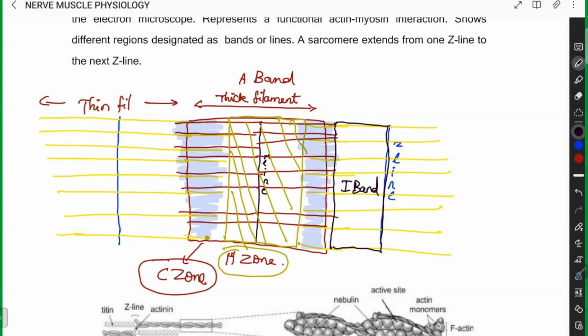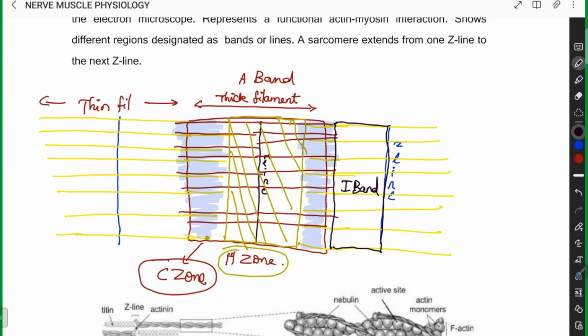And then purely your thin filament, from the ending of your thick filament to the Z line, that region is called the I band. This is what you need to understand. I hope you can understand this.